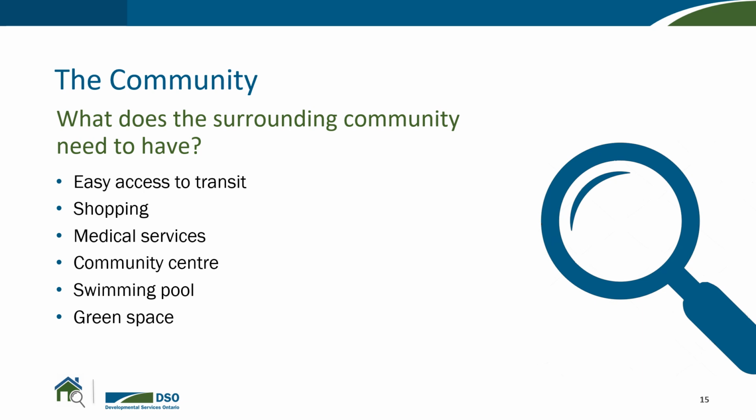Some people see themselves living in a home in a quiet residential neighborhood or rural setting, while others may be drawn to the fast-paced setting of a condo in the city center. Really think about what is important to you, including accessibility to places and people that are important in your life. Let's look at what this individual needs to have in their surrounding community.